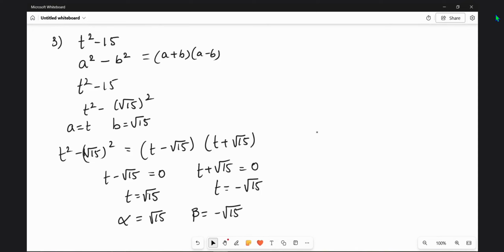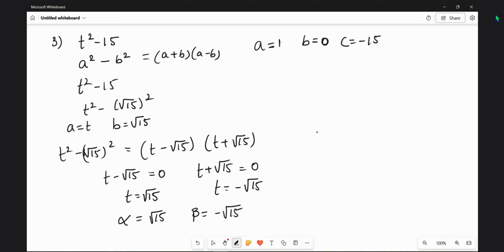In this t square minus 15, what is a? A is equal to 1. B is equal to 0 because t term is not there. And c is equal to the constant, that is minus 15.